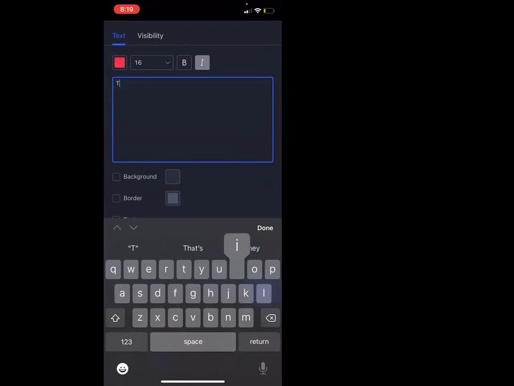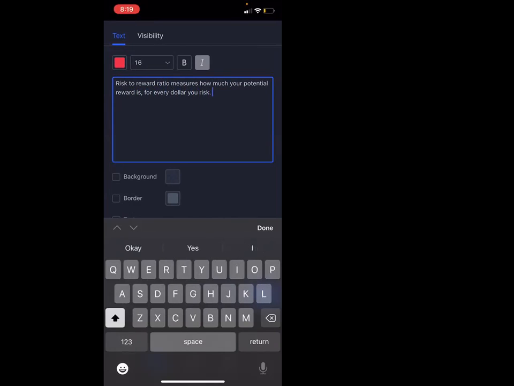Risk to reward ratio measures how much your potential reward is for every dollar you risk.